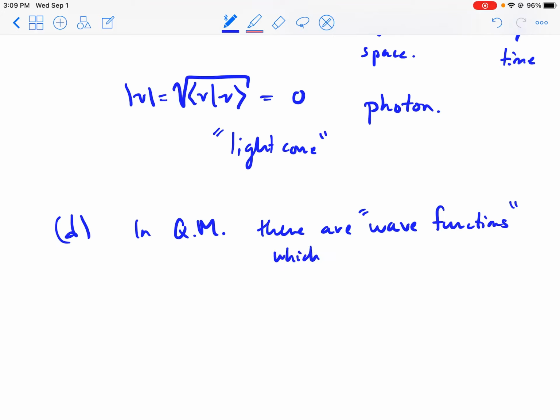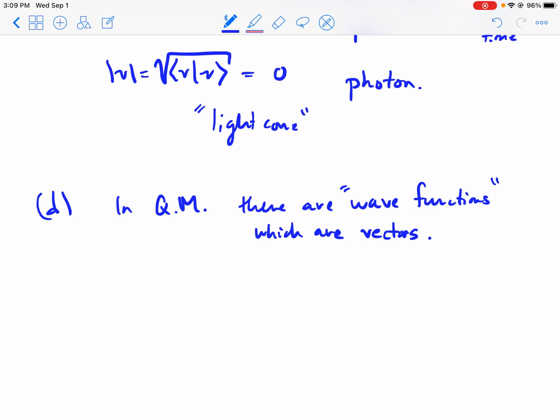Wave functions are vectors. They are vectors in an infinite dimensional vector space, not just R^n, but R to the infinity, or even bigger than that somehow. And the dot product between them, let's say V dot W, is equal to the integral of V of x, W of x, dx, where x is in the space.